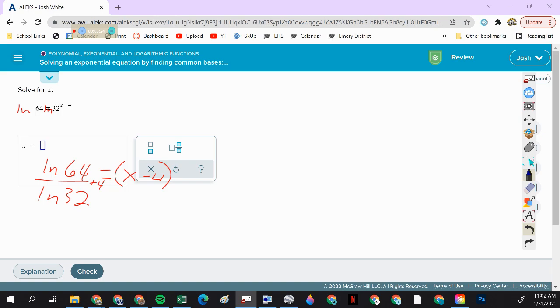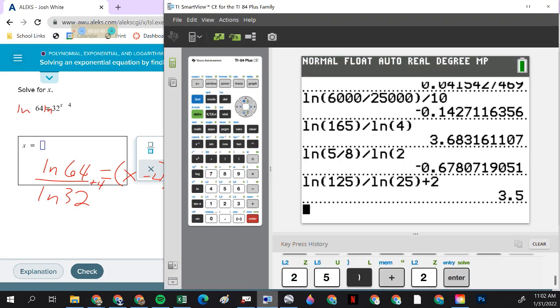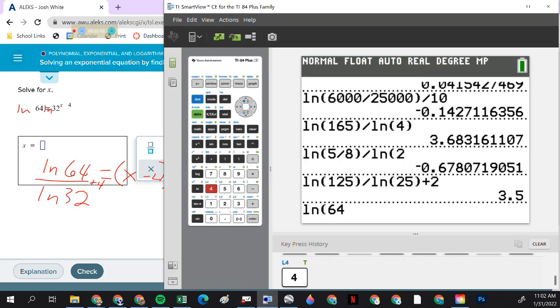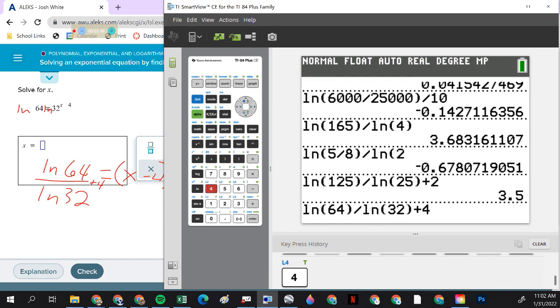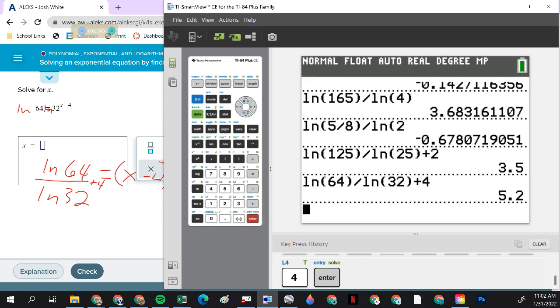You would have to do the fifth root. The fifth root of 32 is 2, and then 2 to the sixth is 64. So that one you kind of can do in your head, or just plug it in your calculator. So ln 64 divided by the ln of 32, and then we're going to add 4 to our answer. 5.2.